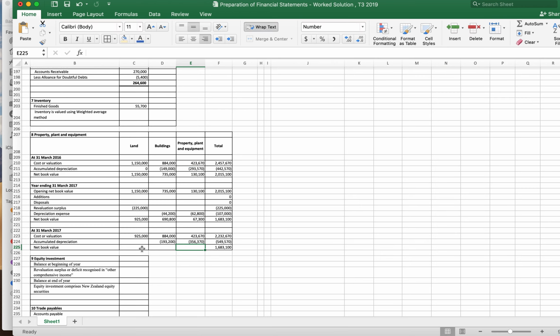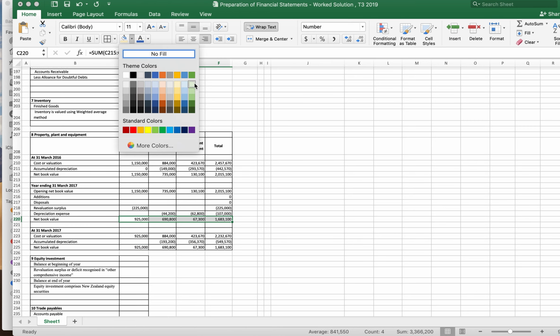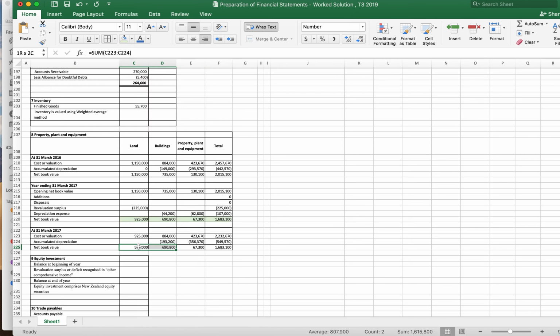So the net book value should equal the line above it. Yep, cool. That line is just a way of checking, a sort of check and balance type thing.